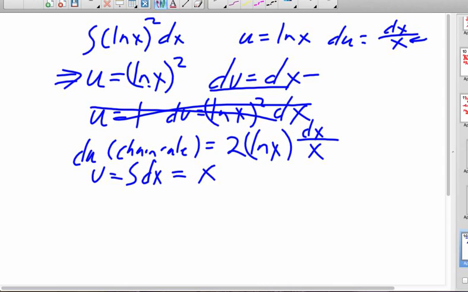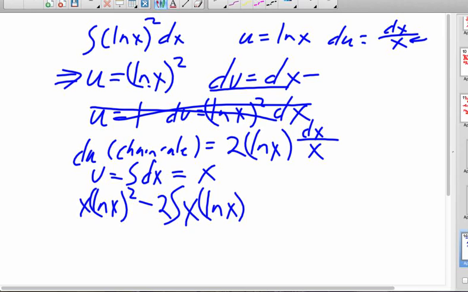So I'm going to have uv, so I'm going to have x times the natural log of x squared minus the integral of v, which is x, times du, I'm going to bring my 2 out, ln of x times dx over x. These guys go away.